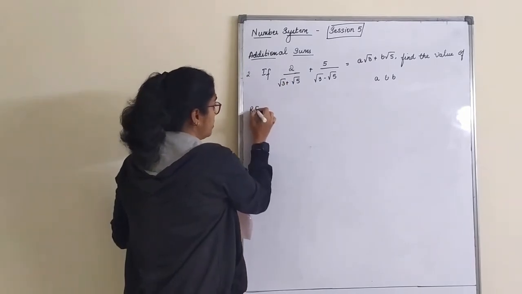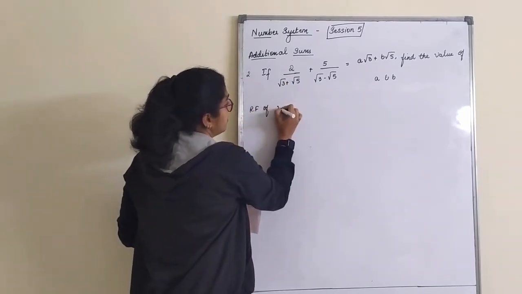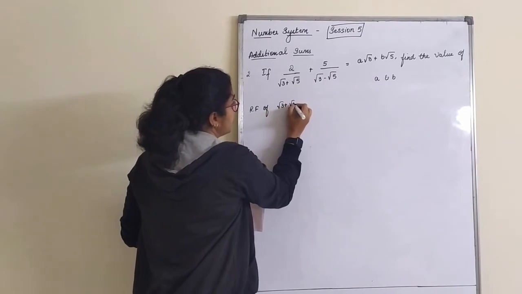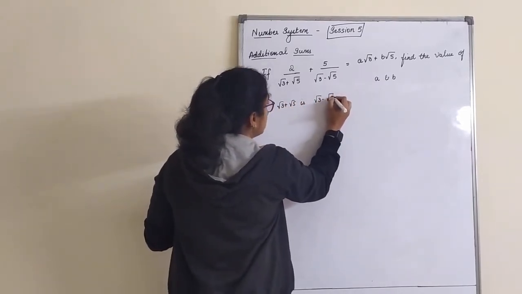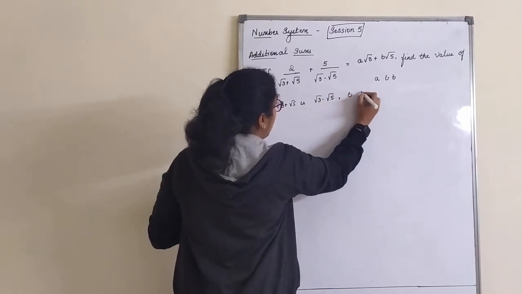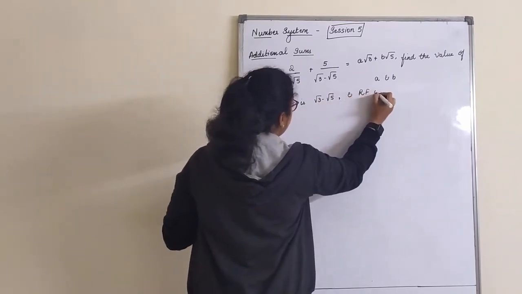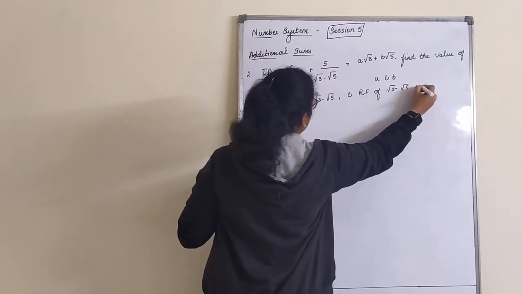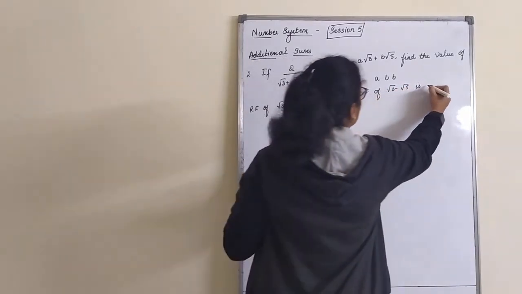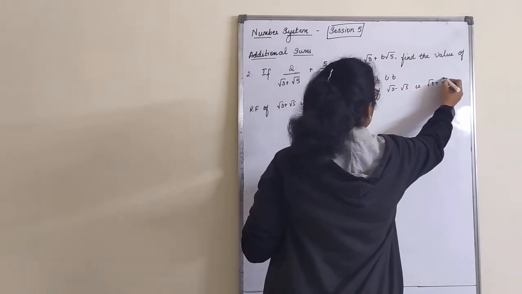The RF of root 3 plus root 5 is root 3 minus root 5, and the RF of root 3 minus root 5 is root 3 plus root 5.